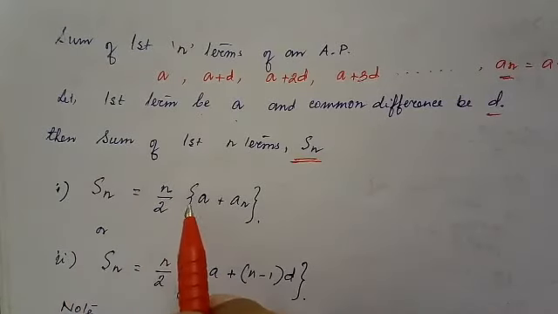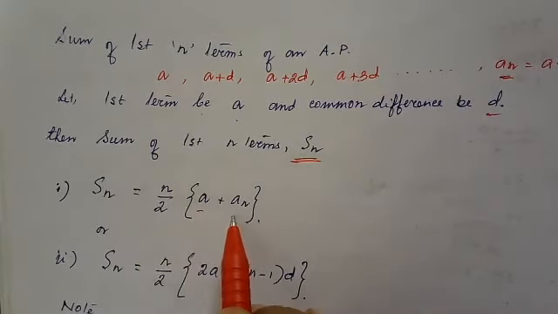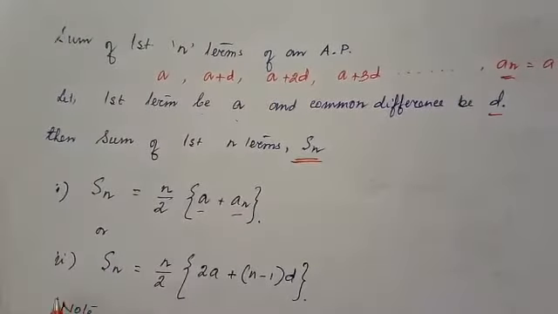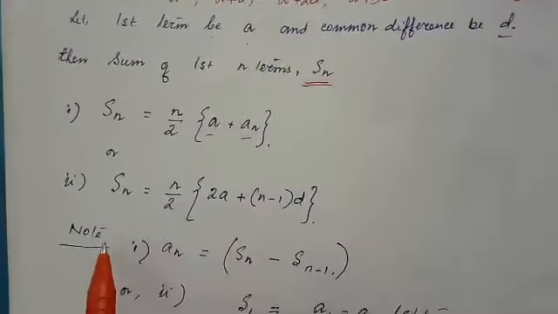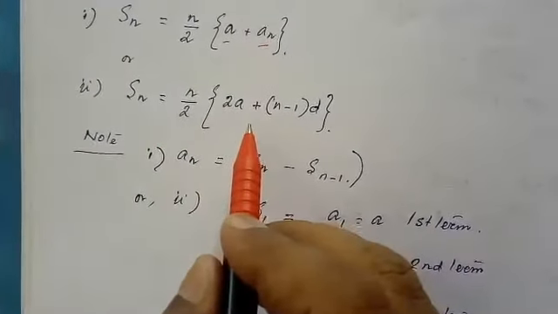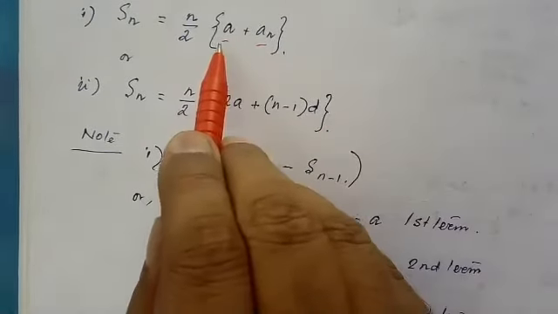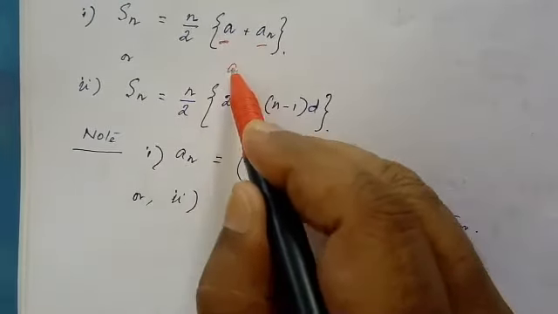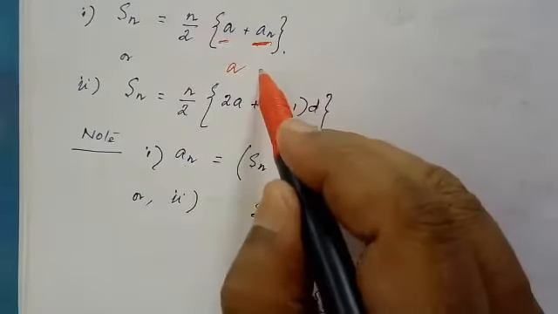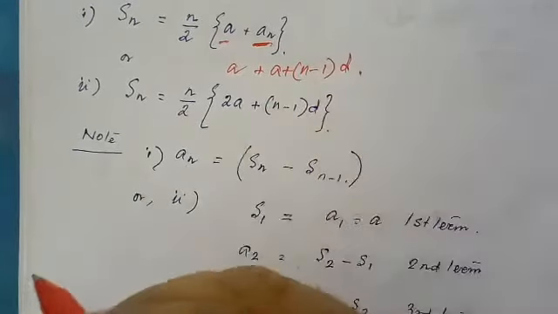Sn is equal to n by 2 times (first term plus last term), or Sn is equal to n by 2 times (a plus an), and in place of an we put a plus (n minus 1) into d.